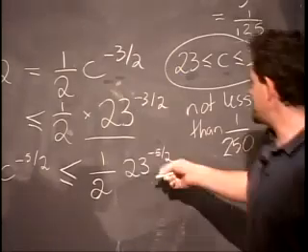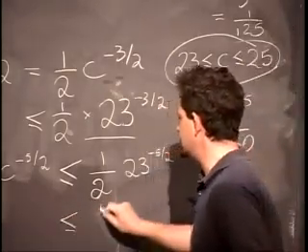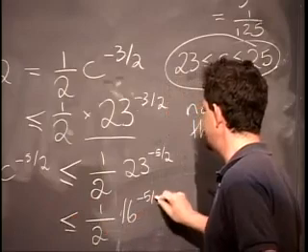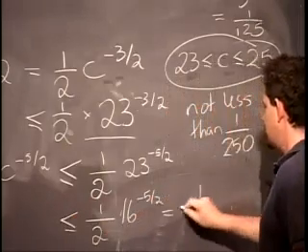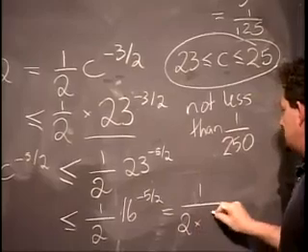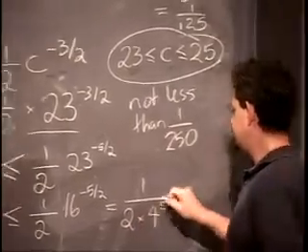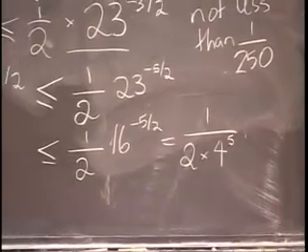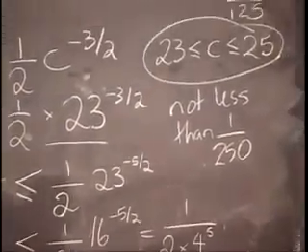16. So I don't know much about this, but I know it's less than or equal to 1 half times 16 to the minus 5 halves, which is, the square root of 16 is 4. So that's 1 over 2 times 4 to the 5. And you don't need to know too much about that. 4 to the 5 is the same as 2 to the 10.